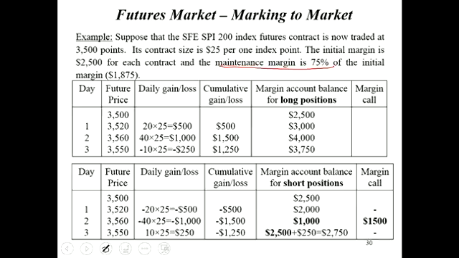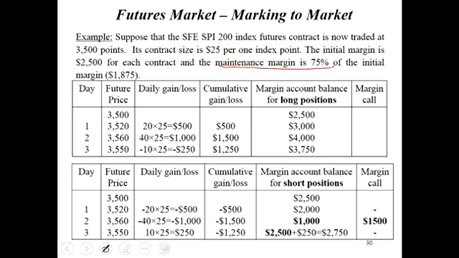The purpose of it is to prevent themselves from having a problem with default. Basically, they set it up in such a way that if there's a really terrible day on the market, neither trader will go into negative value.